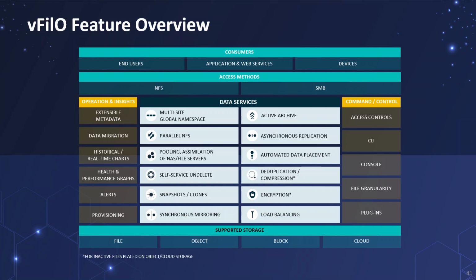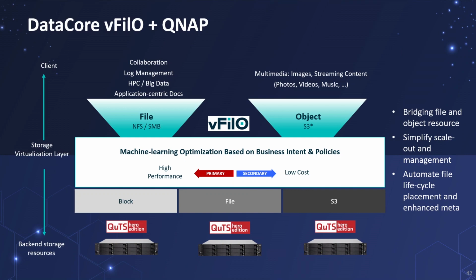You can consolidate different kinds of resources and move files anywhere you want. You can have automatic tiering, migrating, and moving of data across locations and devices. That is really, really flexible. So, DataCore vFilO plus QNAP.